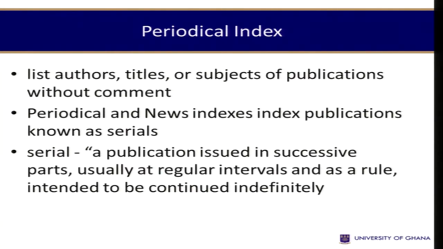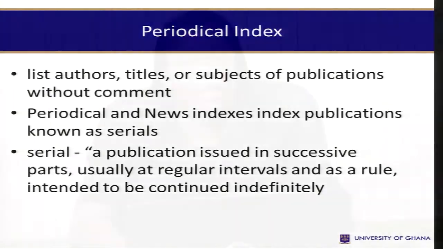An example of a serial is a journal. Now, a journal which commences is intended to come out either monthly or bi-monthly, and it is hoped that the journal will not die immediately after it is published. There are a few journals which have died that way, but generally it's intended to be continued indefinitely.